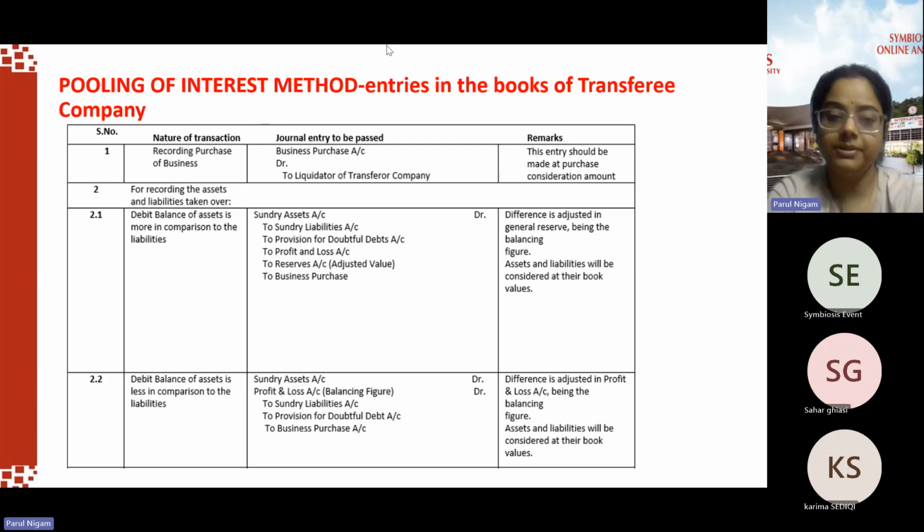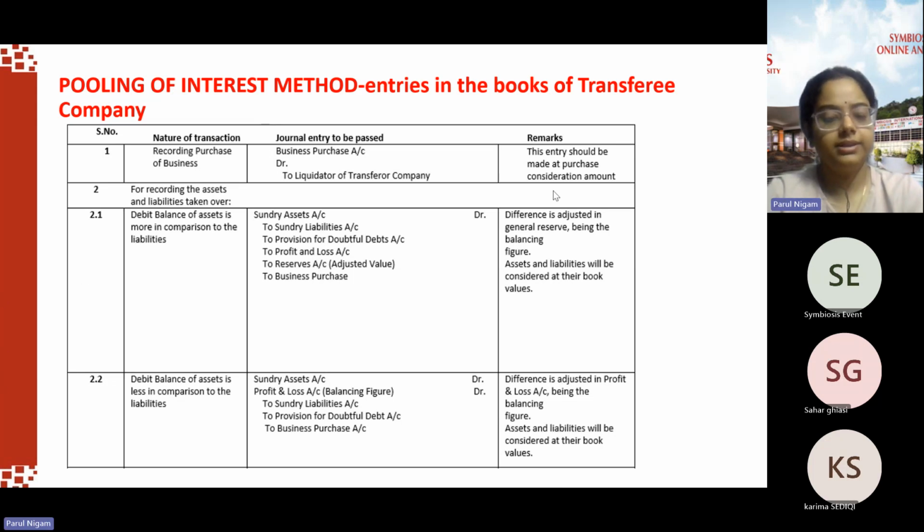So this will happen in that liquidating company. Whenever you are recording business purchase, you will do it like this: business purchase account debit to liquidator of transferor company. This entry should be made at the purchase consideration amount.